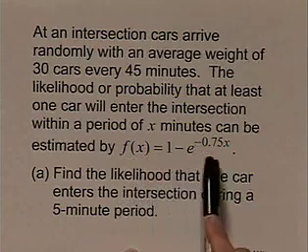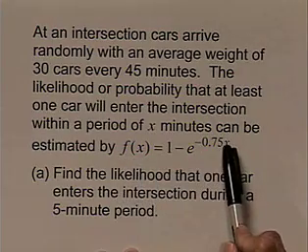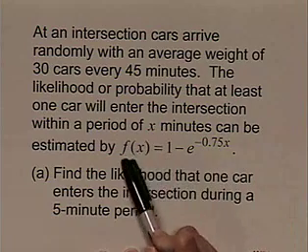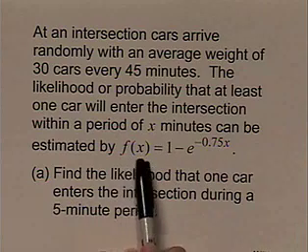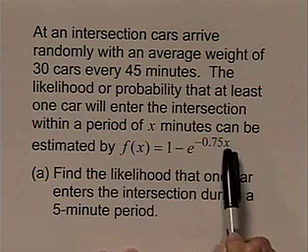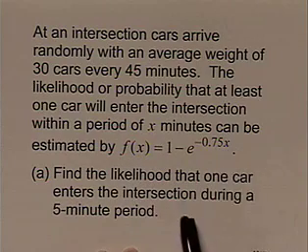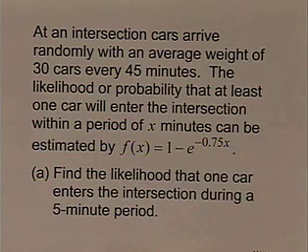So for this model, x is a number of minutes, and f of x is the probability that at least one car will enter the intersection over that time period. So the first thing we want to do with this model is find the probability that one car enters the intersection during a 5-minute period.